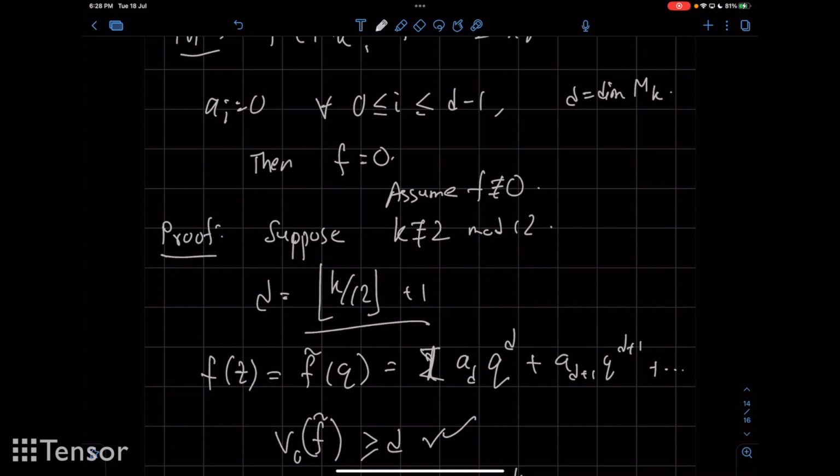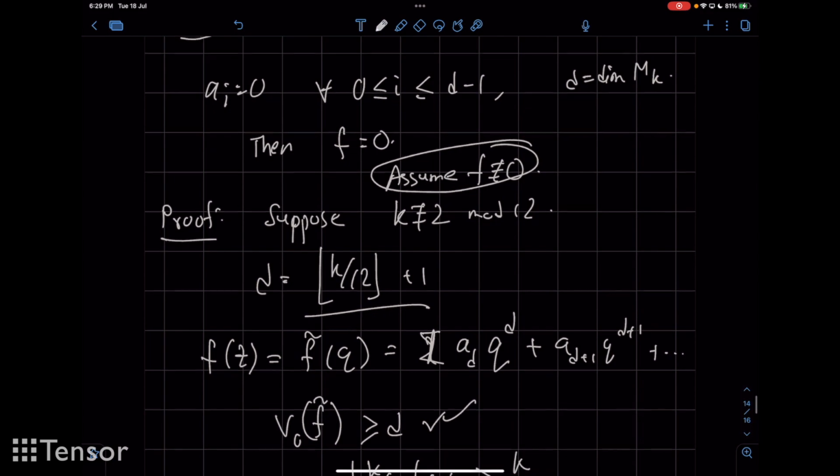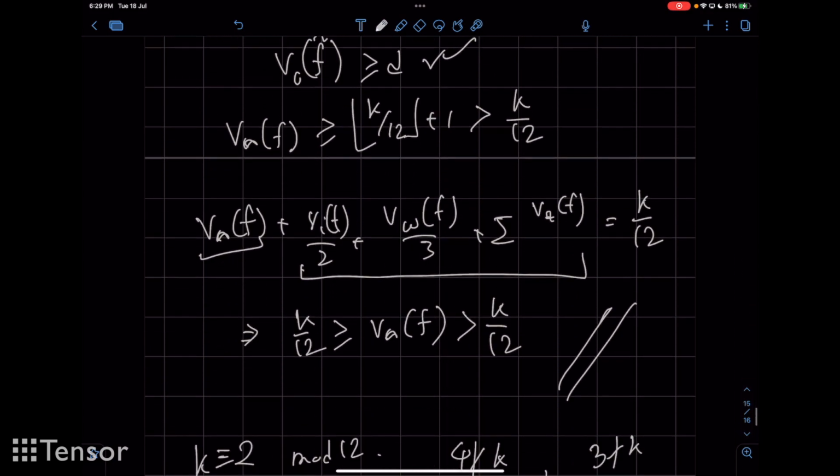Yes, if f is zero everywhere, the valence formula is not really true, because the left hand side is 0 but the right hand side is non-zero. Also, if f is 0 everywhere, then the order at infinity is actually infinity. I should have mentioned it at the beginning. So suppose f is non-zero, then we apply the valence formula to get all these contradictions.